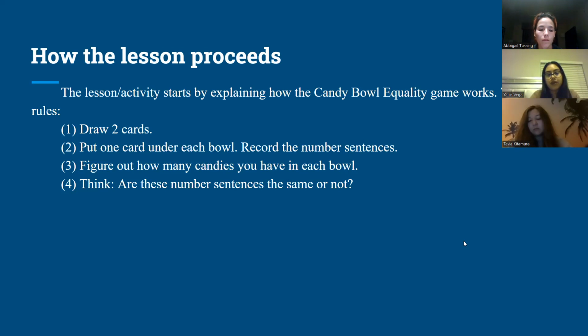We put 1 card under each bowl and record the number sentences in our recording sheet, which will be in the next slide. Then we figure out how many candies are in each bowl, and we think: are these sentences the same or not, in other words, equal?